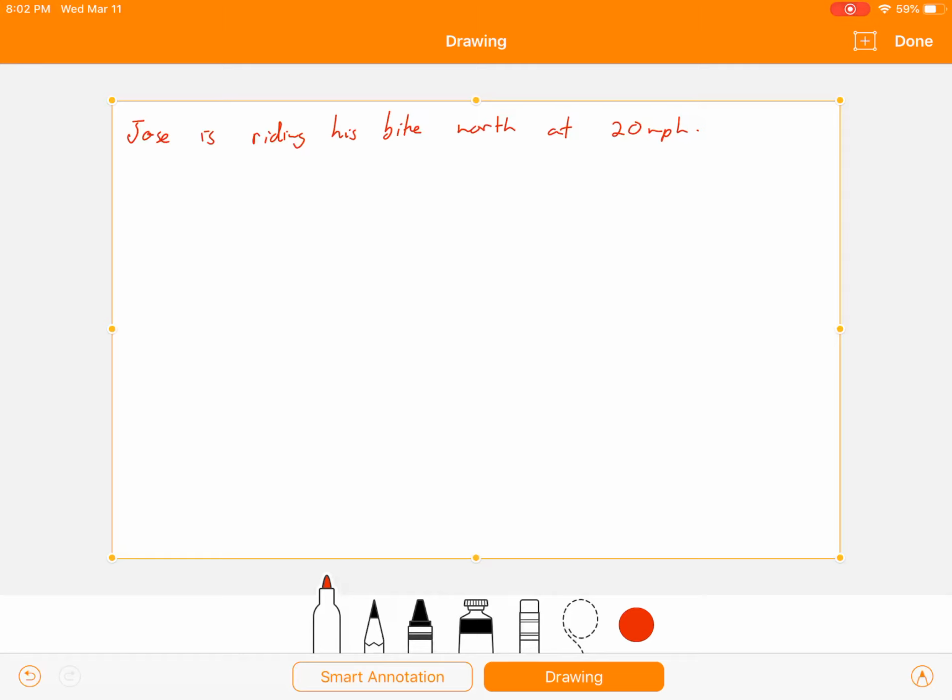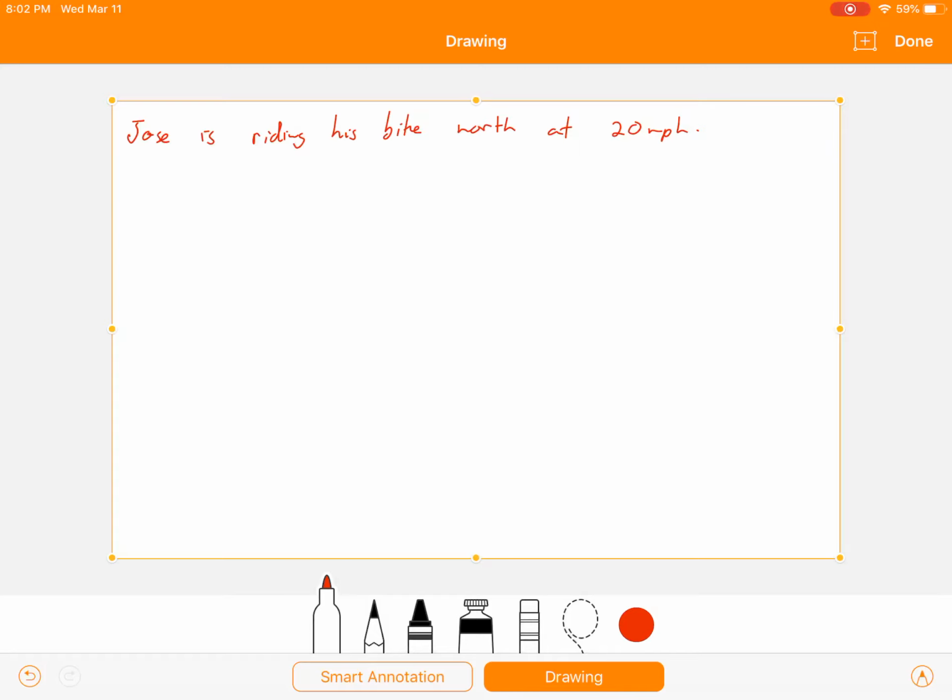I'm making up another problem that's similar, but not exactly the same. Same type of question, same strategy you want to use to figure out the answer. So here we go. Let's start.